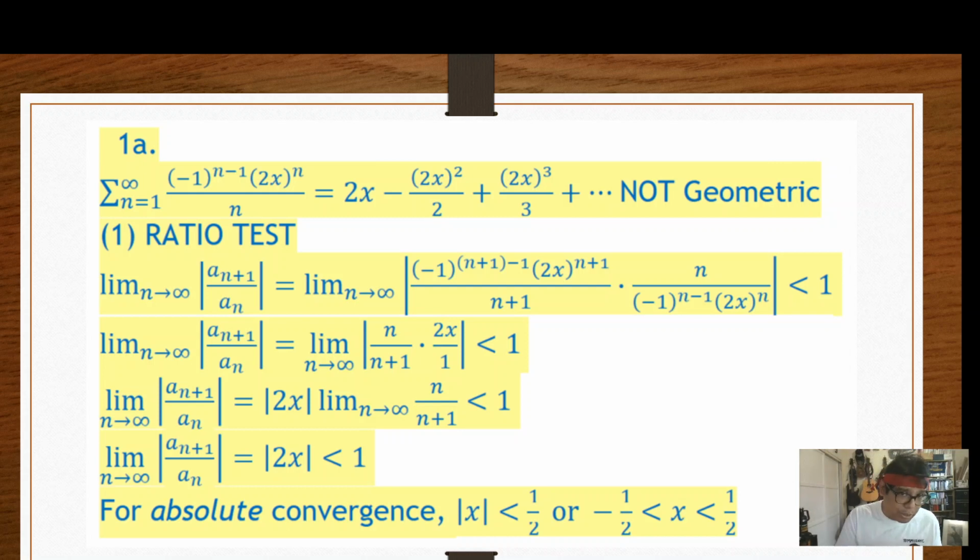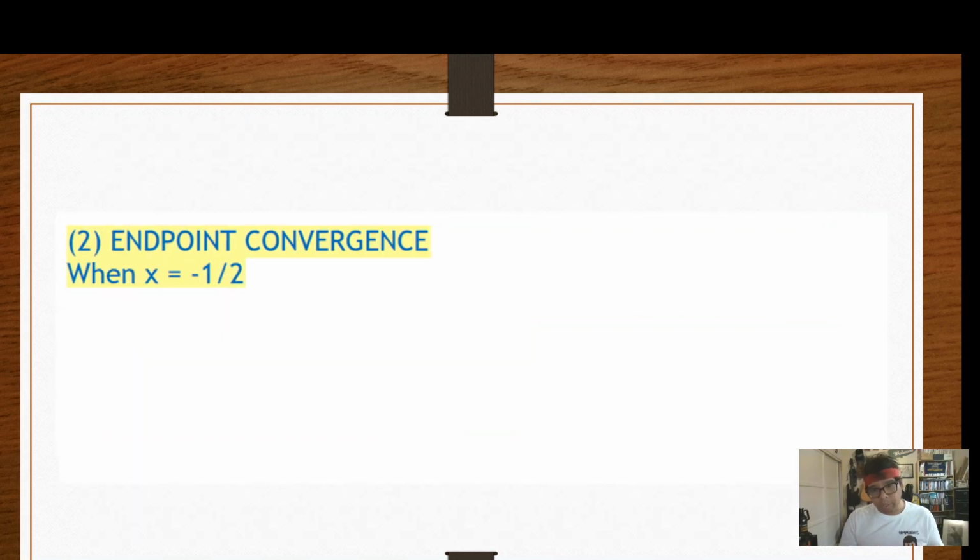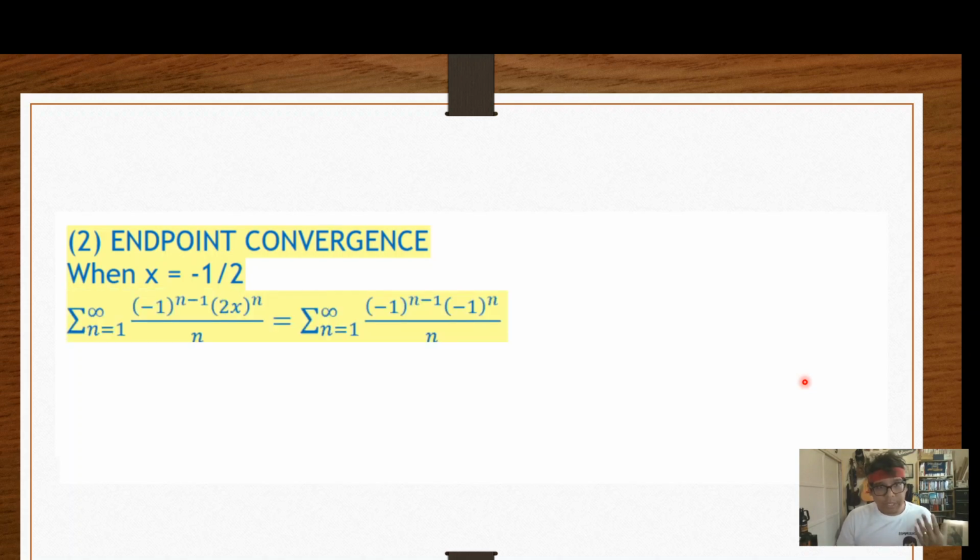And this is a key concept. That's for absolute convergence. Now the series might still converge at -1/2. It might still converge at +1/2. We need to test that, which brings us to endpoint convergence. So what happens when x equals -1/2? Well, if you substitute a -1/2, you would just substitute that right here.